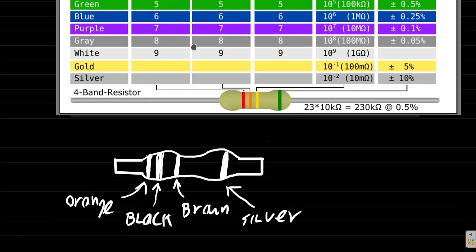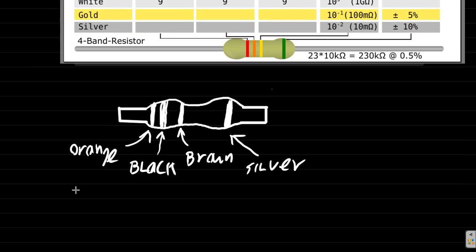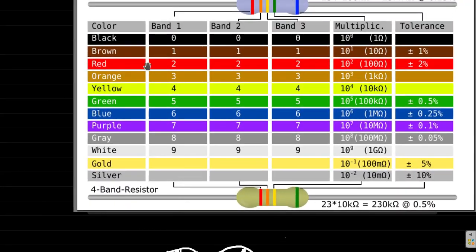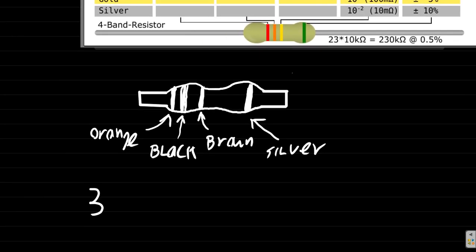It is 3. Black, let's see which number is associated with black. It's 0. So 3, 0.